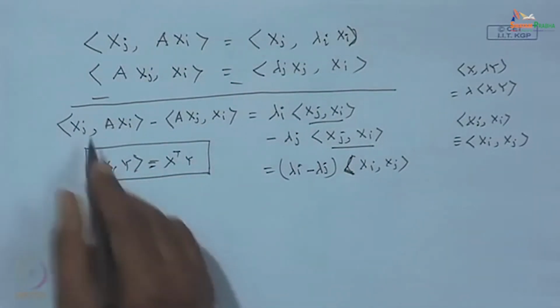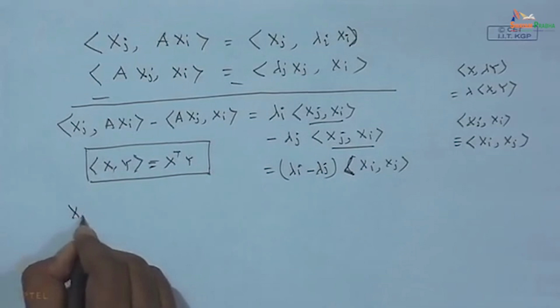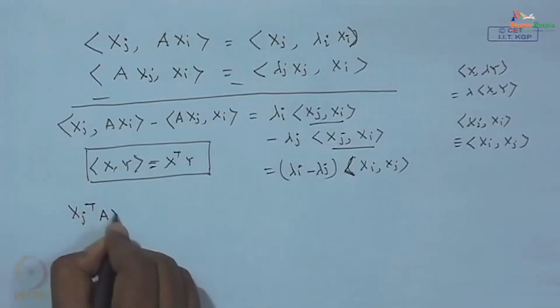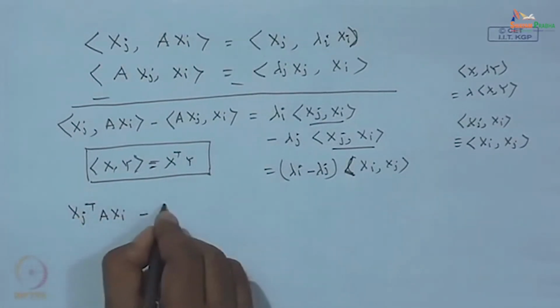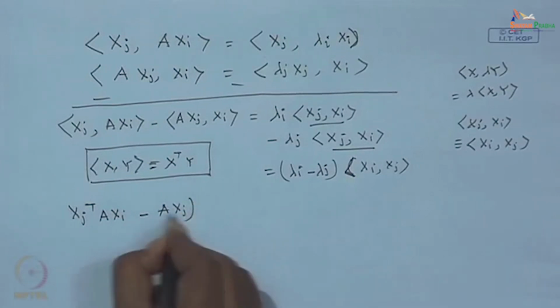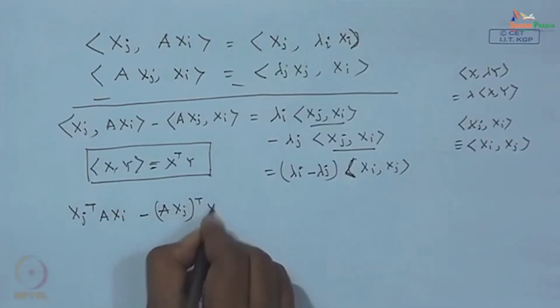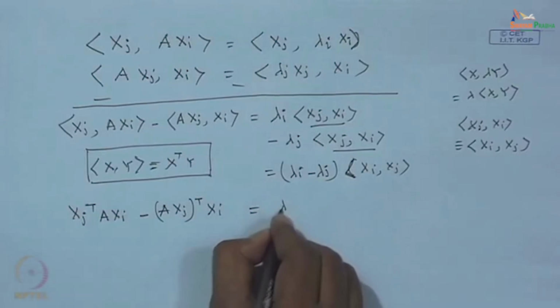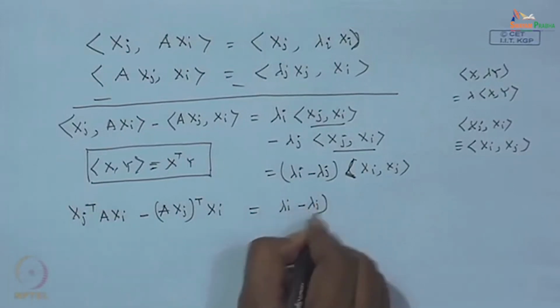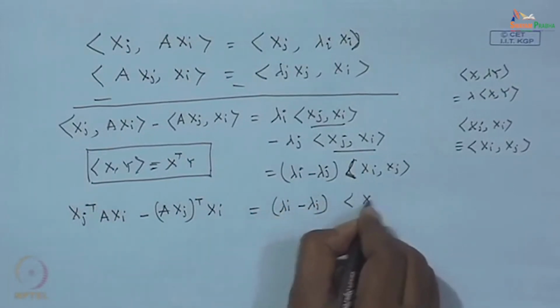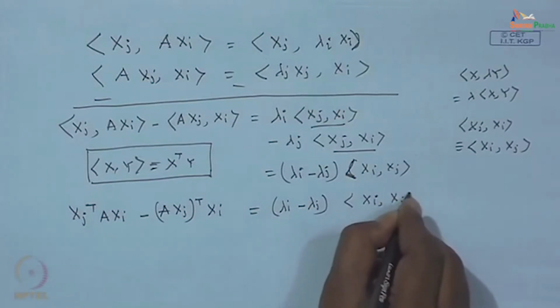So, utilizing that, we will be doing x j transpose A x i minus (A x j) transpose x i is equal to (lambda i minus lambda j) times the inner product of x i and x j.